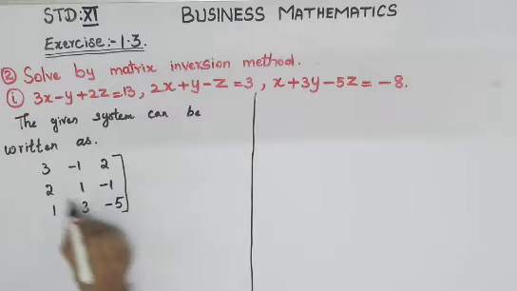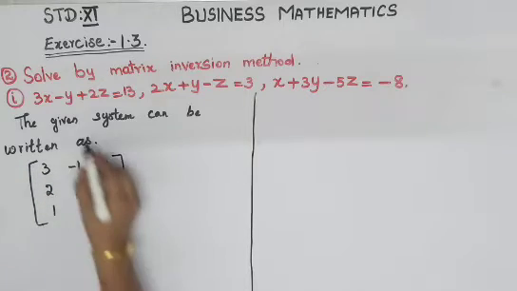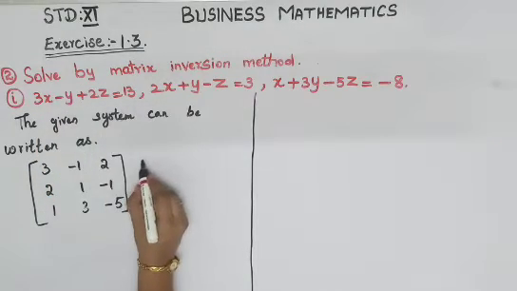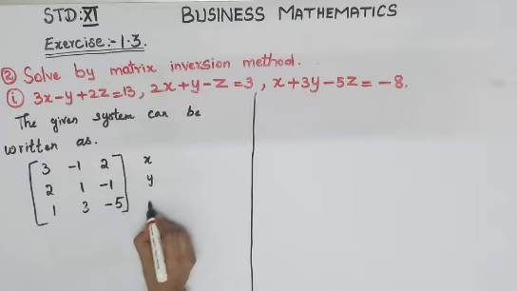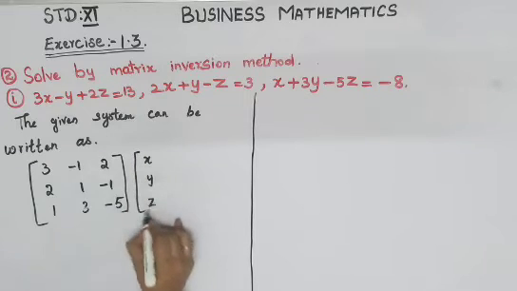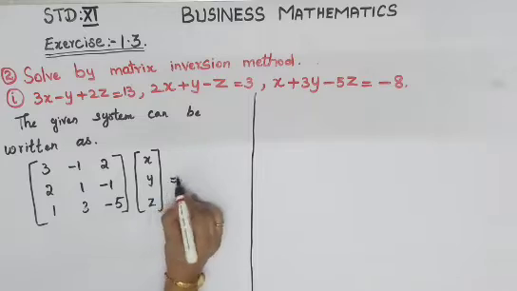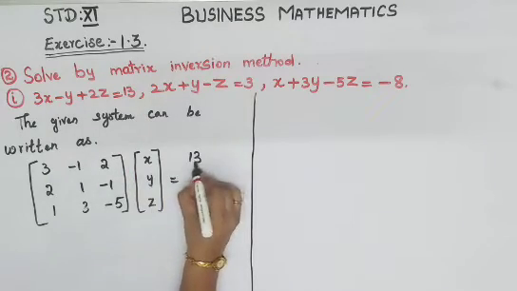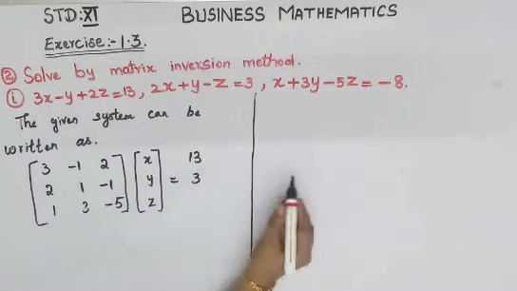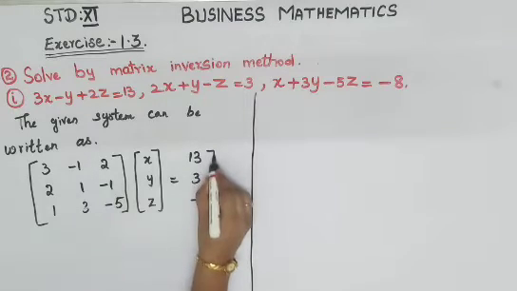So this will form a 3 by 3 matrix, and the variables x, y, z are written column-wise. That is equal to the constants 13, 3 and minus 8.